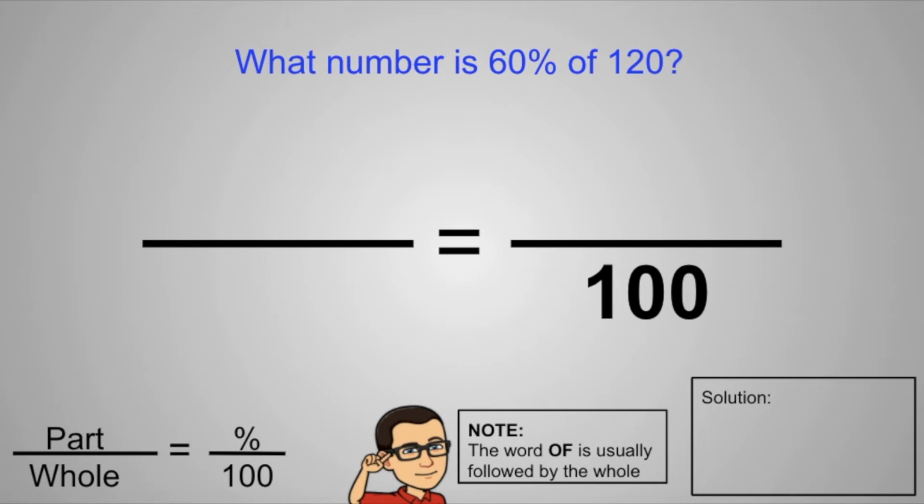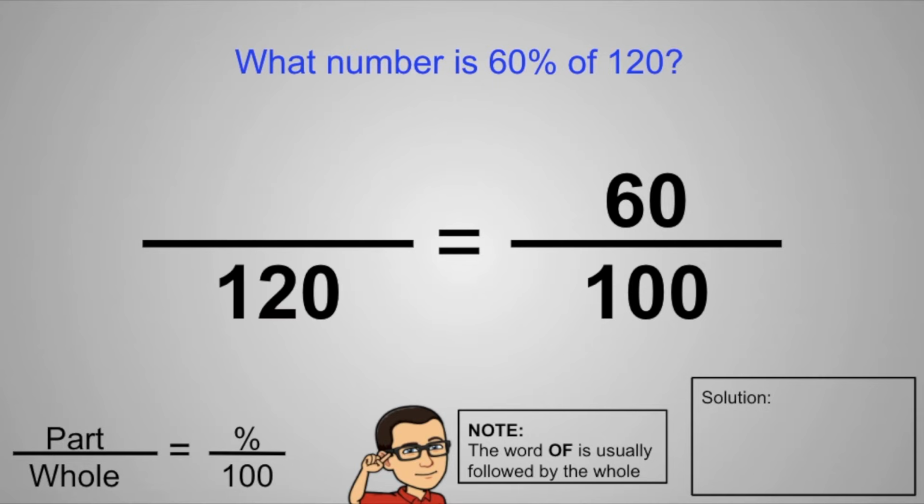The second problem reads, what number is 60% of 120? So since they give us a percentage, we know that that percentage is going to go in the top right. Then we recognize that key word of, which lets us know that 120 is going to be the whole. Now since I have three values, I can use cross multiply and divide to find the missing value.